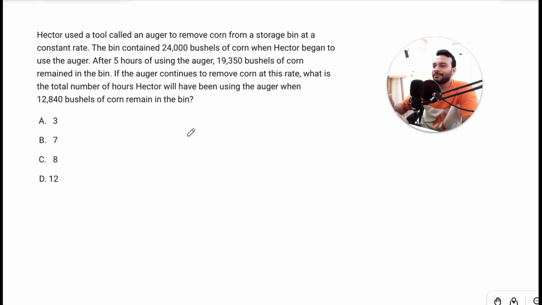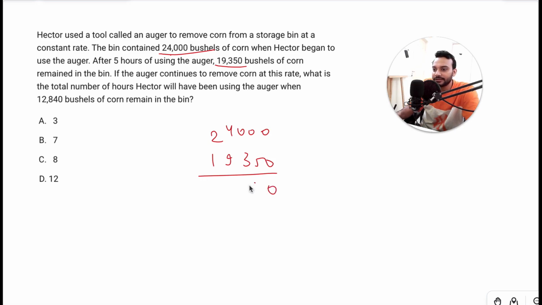Okay, so multiple points of information. First of all, initially the bin contained 24,000 bushels. After 5 hours of using the auger, 19,350 bushels of corn remained in the bin. So how many got out using the auger? 24,000 minus 19,350 is 4,650 bushels removed in 5 hours.